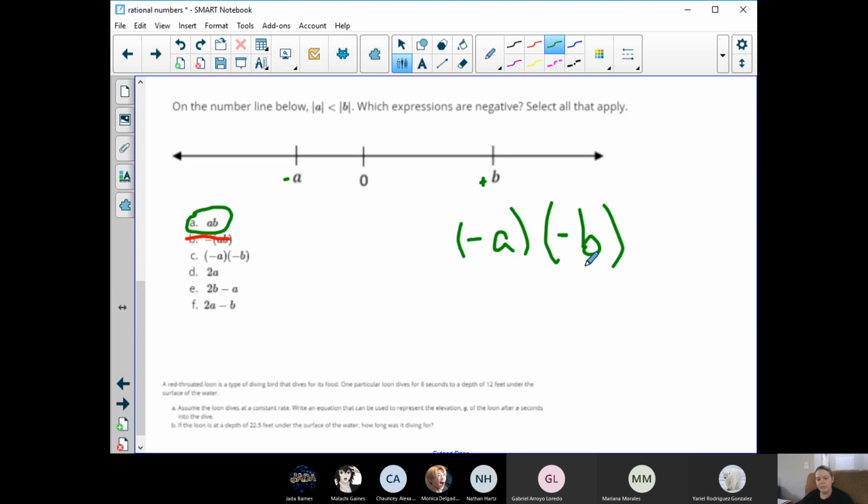The opposite of positive B would be? Negative. All right, so we would have negative B. The opposite of negative A would be? Positive. So now we have positive A times negative B. Is that going to be a positive or a negative? Negative. Right.